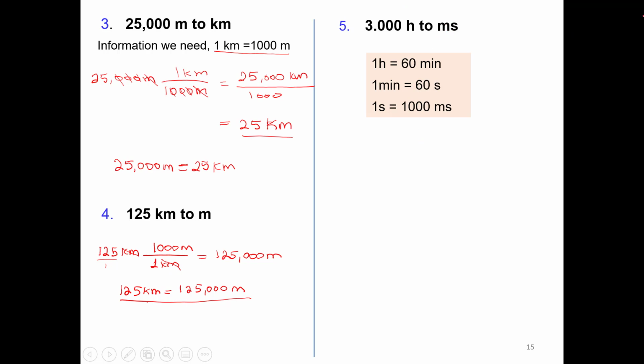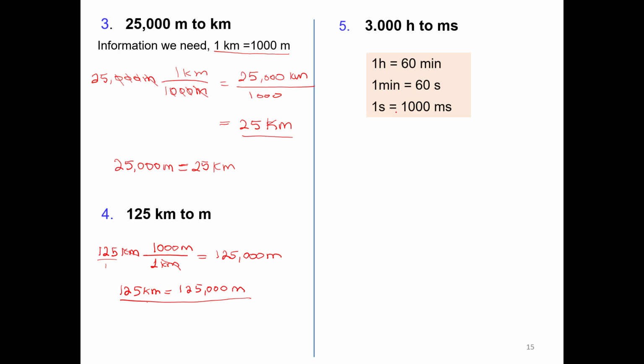Then there are 2 ways we can use these 3 different conversion factors. If we need to use more than one conversion factor, it's called a chain of conversion factors, to solve the problem.